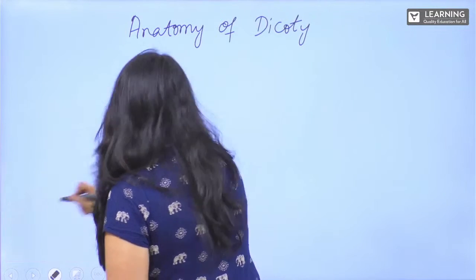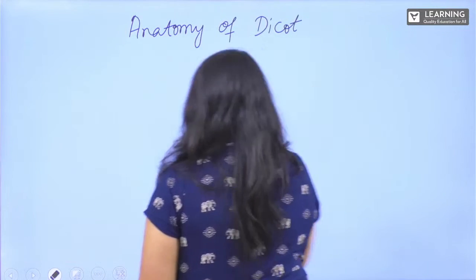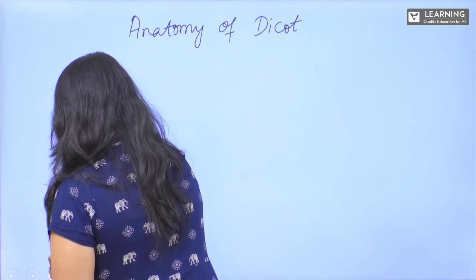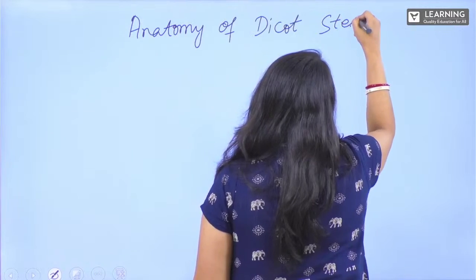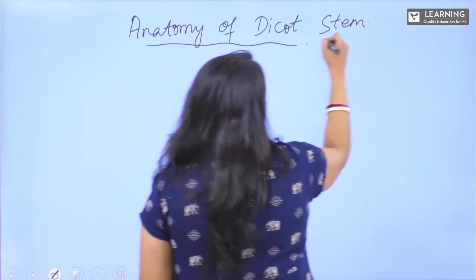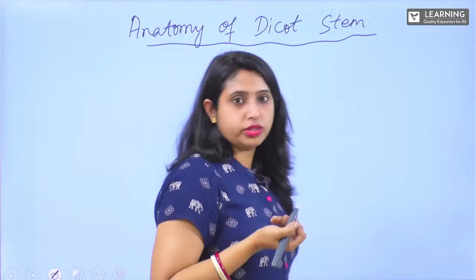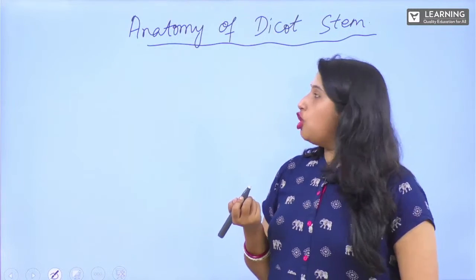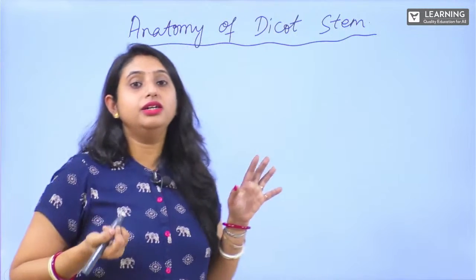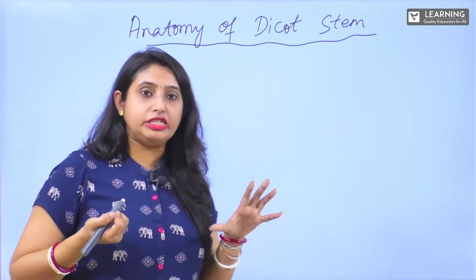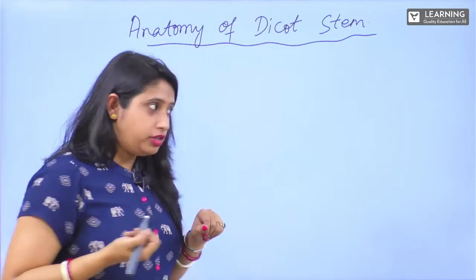Or simply dicot. Also we can write dicot stem. So what is this all about? How does it look? In the case of this dicot stem, how is the arrangement? The xylem and phloem are arranged right inside the endodermis.